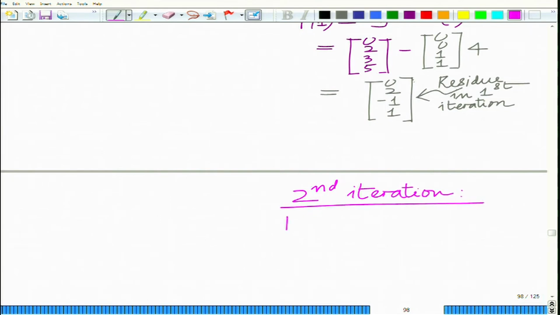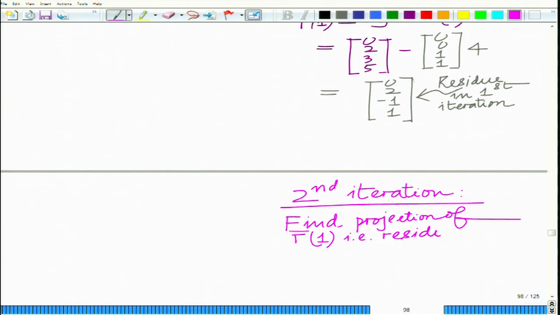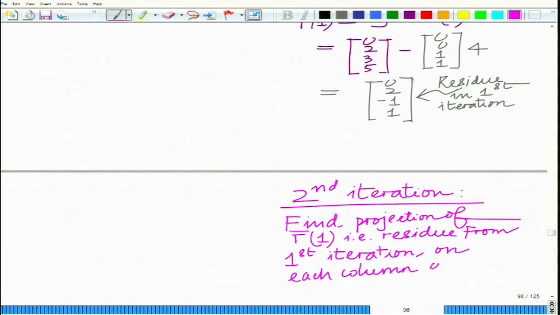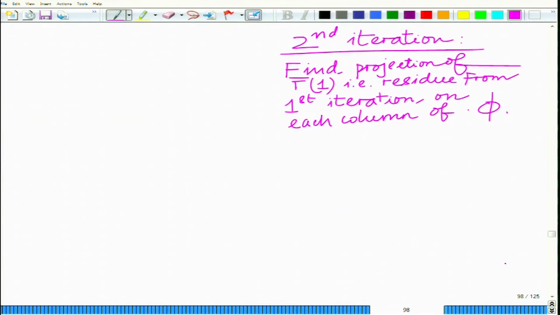In the second iteration, we find the projection of r bar 1, that is the residue from the first iteration, on each column of phi.